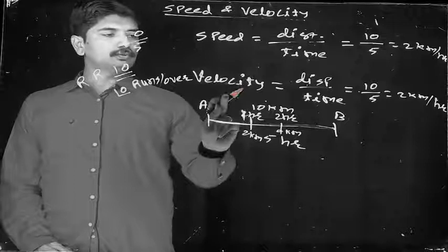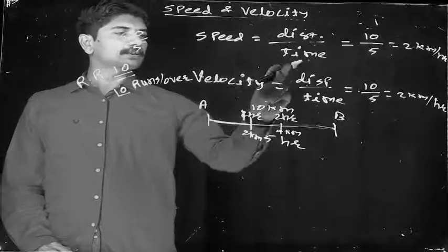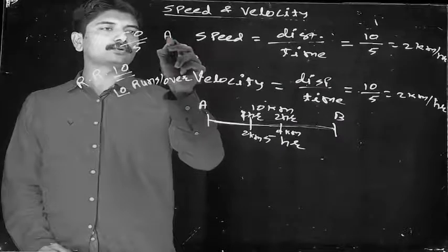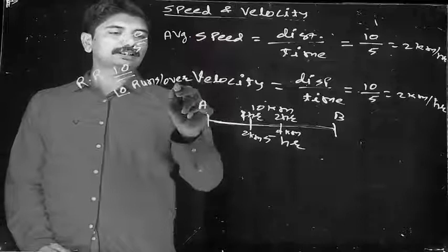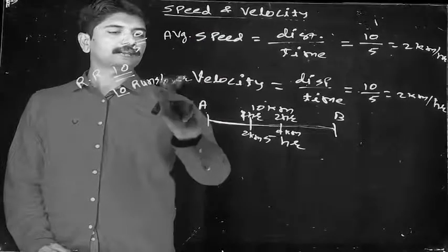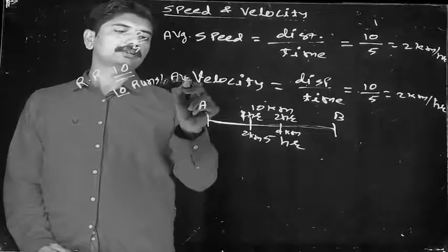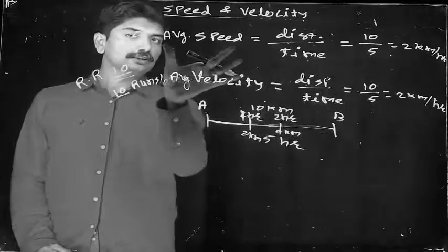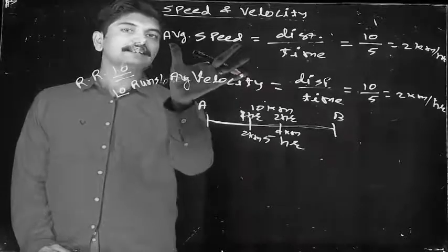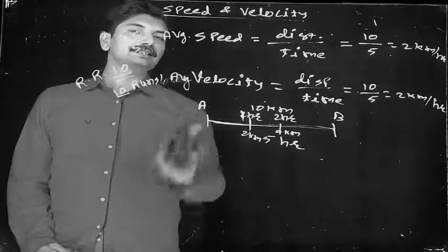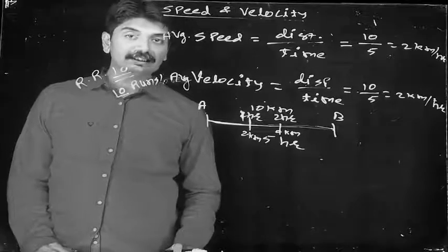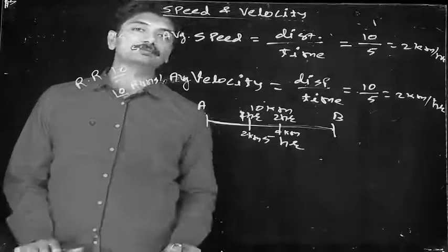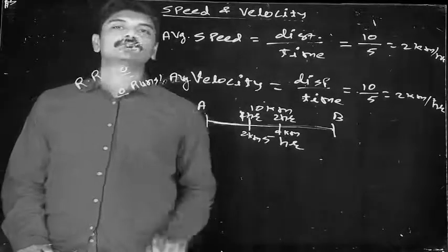So these two formulas, speed is equal to distance upon time and velocity is equal to displacement upon time, are basically formulas for average speed and average velocity. It does not mean that for the whole distance or displacement it is traveling with the same speed or velocity.